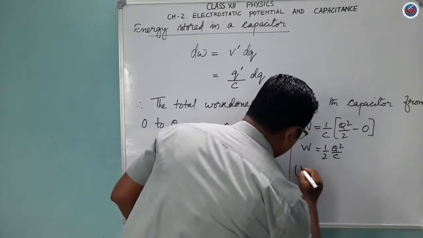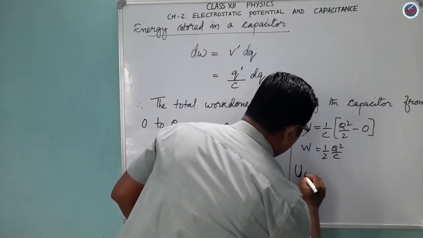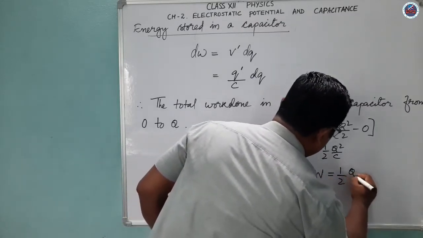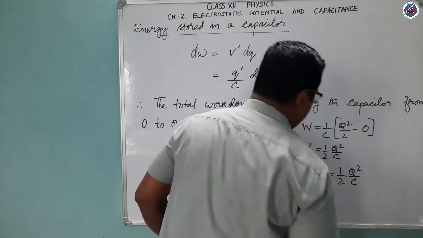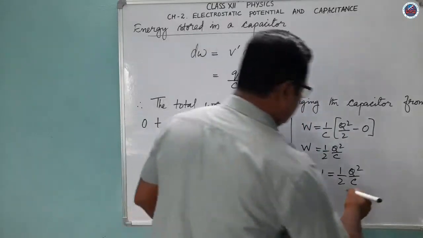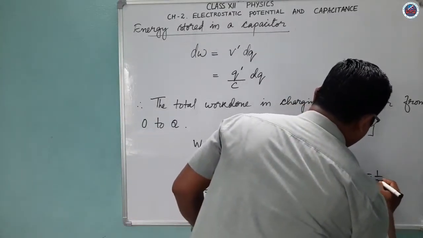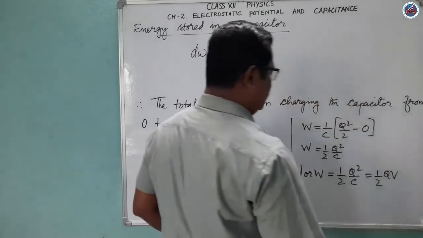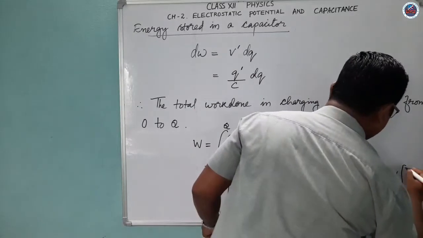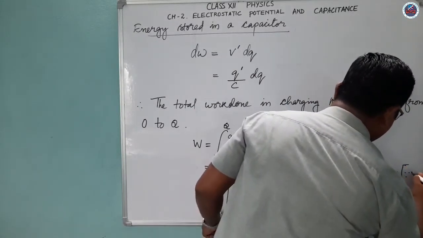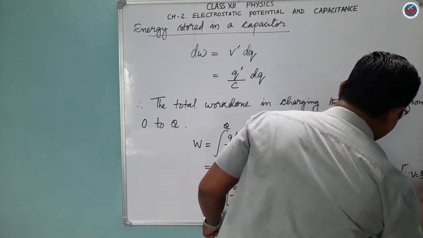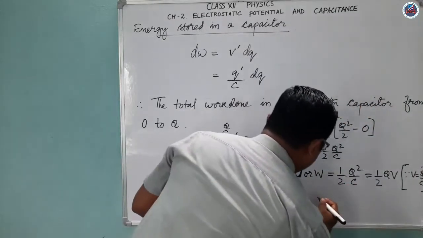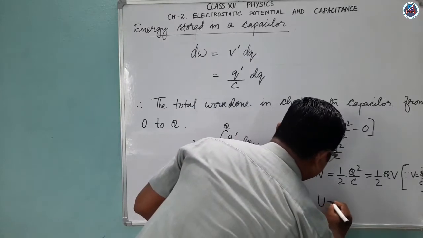So you can write energy U, or you can write this W, is equal to half of Q squared divided by C. This can also be represented as half of Q into V, the total potential, since here V is equal to Q by C.